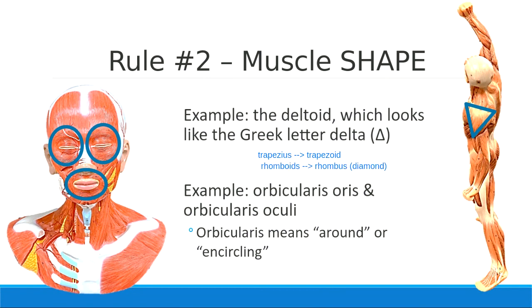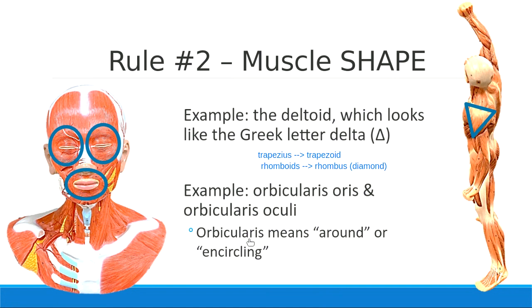So if there's some particular shape that a muscle kind of looks like, we might name it based on its shape. But really the big example that we used a lot this semester with this shape was this orbicularis oris and orbicularis oculi, because that orbicularis word means that it's a circle.